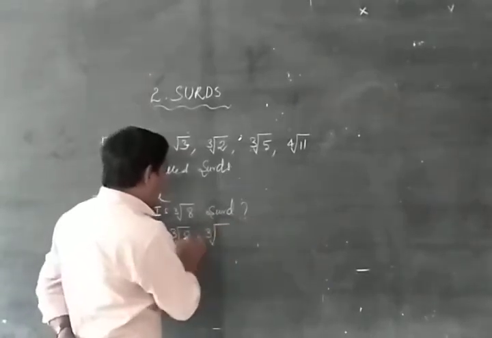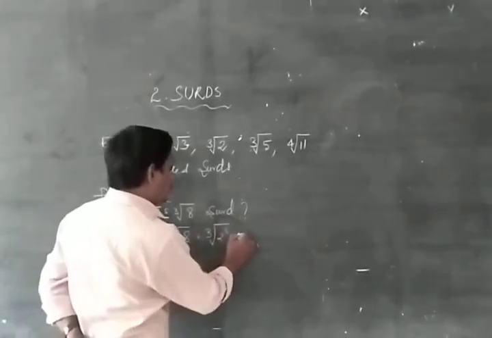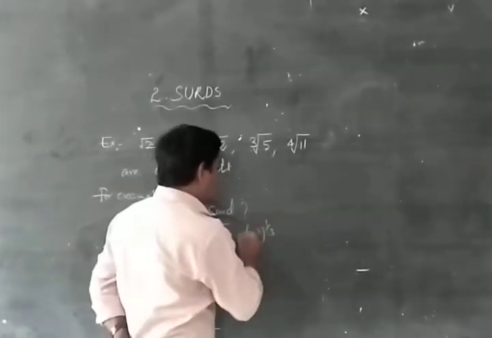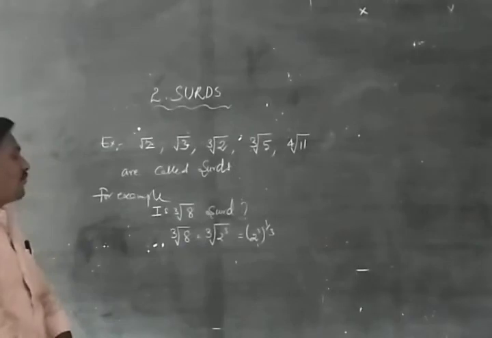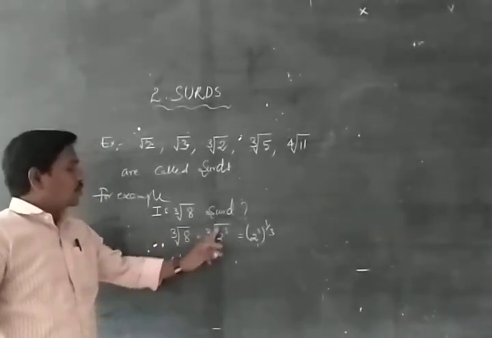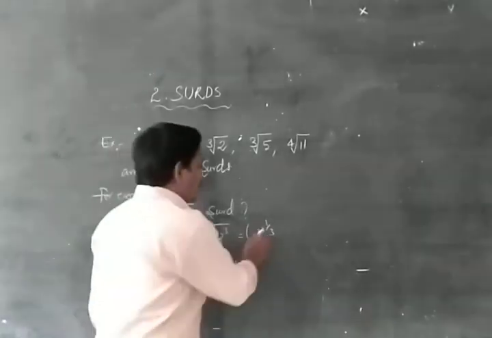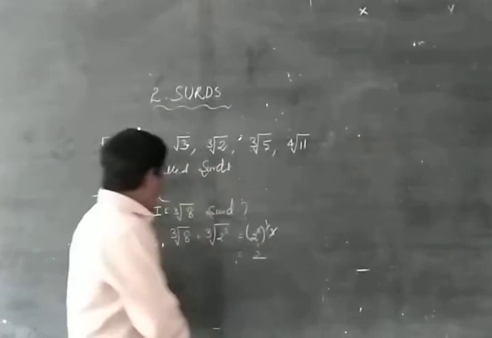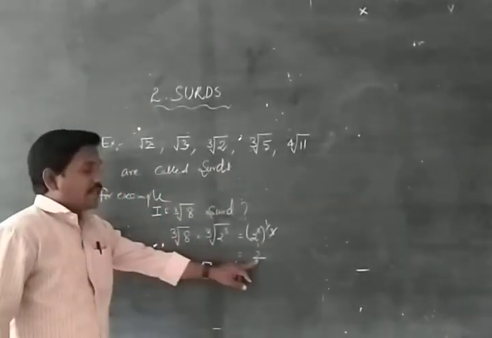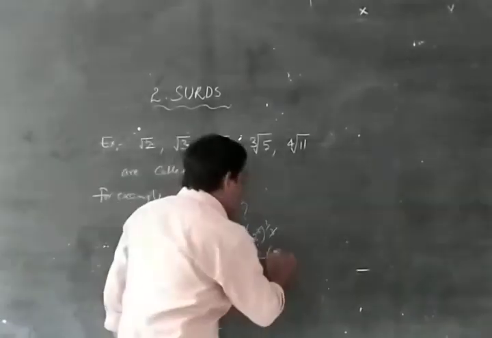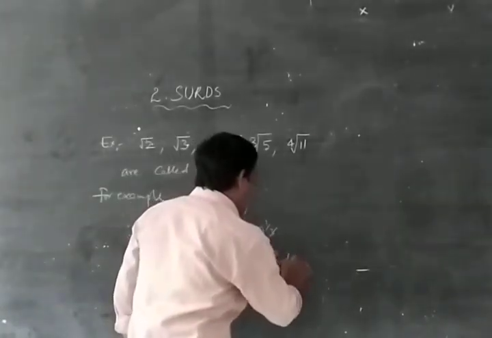Cube root of 8 is written as 2 cubed, that means 2 cubed whole power 1 by 3. Cube root of 8 equals cube root of 2 cubed; the 3 cancels, 2 comes. So cube root of 8 equals 2. So this is a rational number, an exact and rational number.